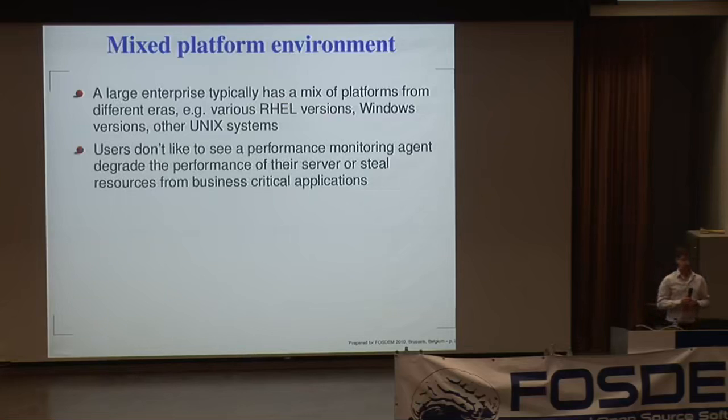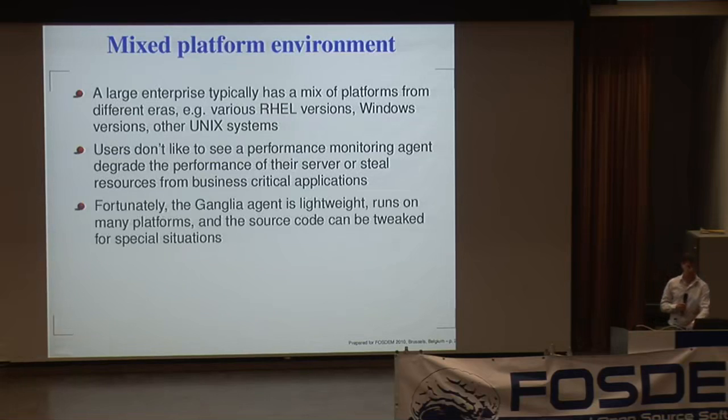The users have a whole range of different concerns. They're particularly concerned about something that might make their system less stable, that might steal resources from their application, or that might add complexity to managing their hosts. Fortunately, the Ganglia agent is lightweight.